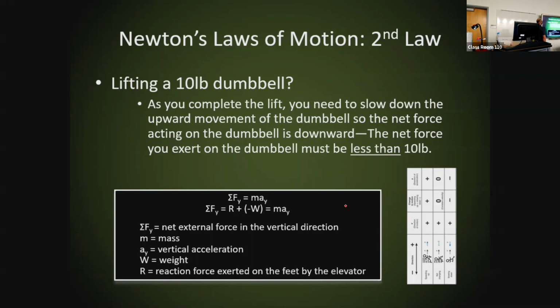By slowing that down, the total net force is going to be downward, and it's going to be less than 10 pounds. So the dumbbell in this case would feel a little bit lighter than 10 pounds.